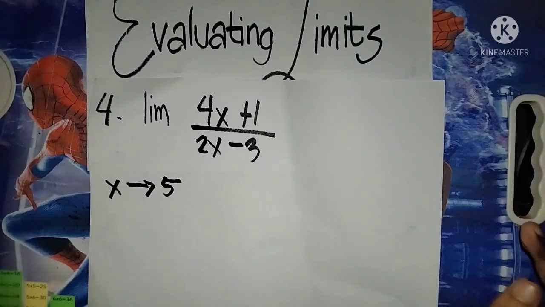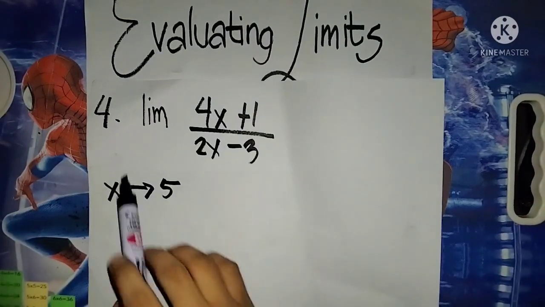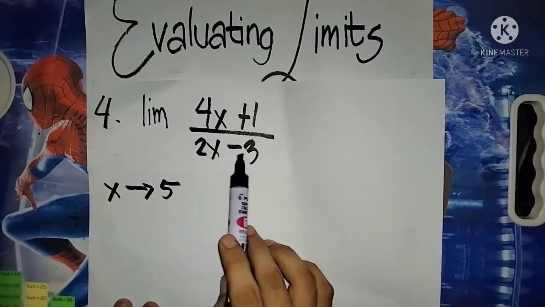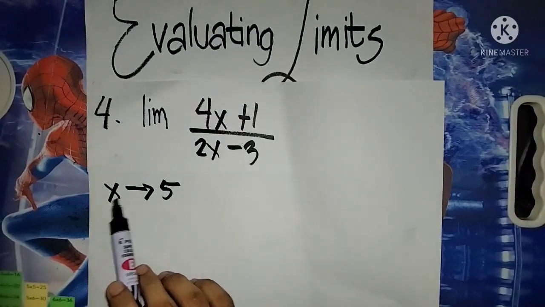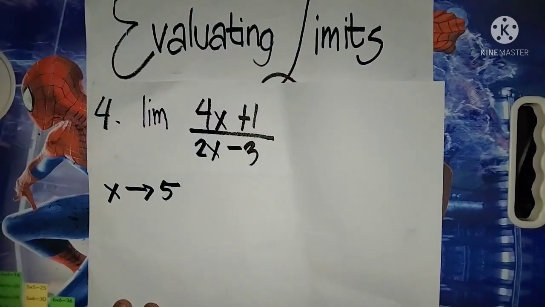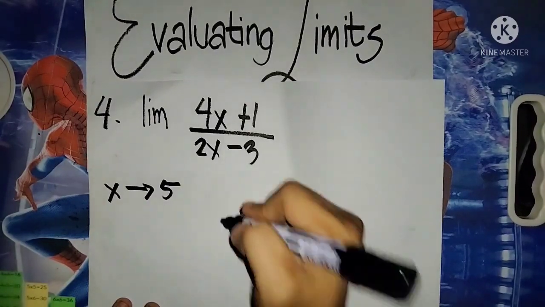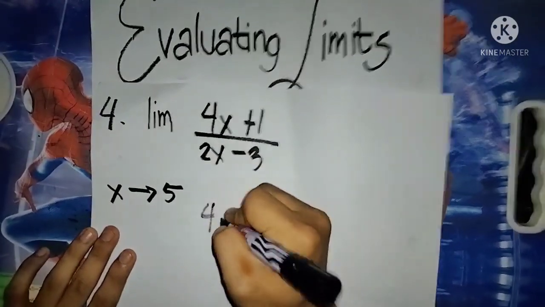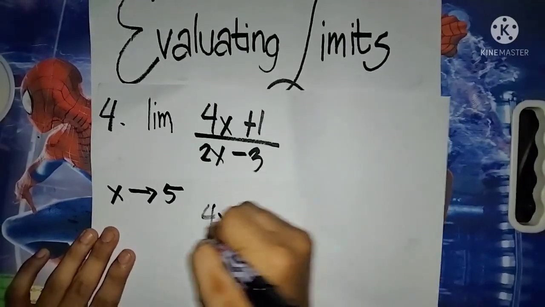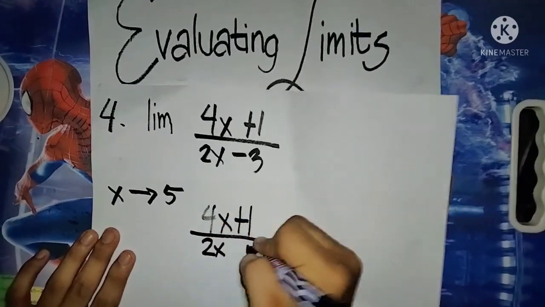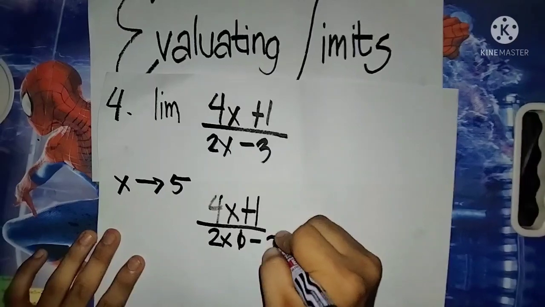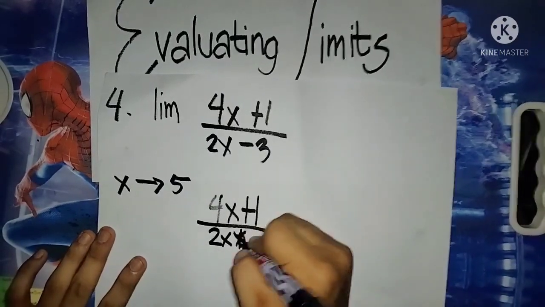So we have example number 4, which is the limit of 4x plus 1 over 2x minus 3 as x approaches 5. So we're going to copy this, 4x plus 1 over 2x minus 3.